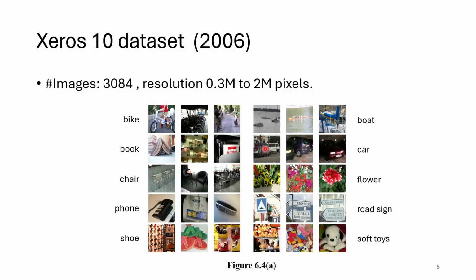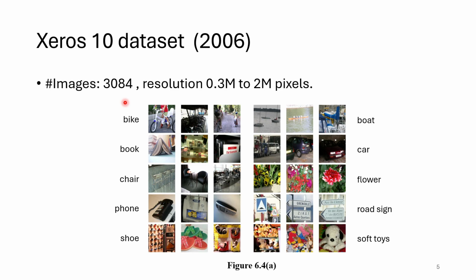In 2006, some researchers wanted to classify images of natural things, so they collected a dataset. Xerox is the very famous paper copying enterprise. They compiled a dataset.